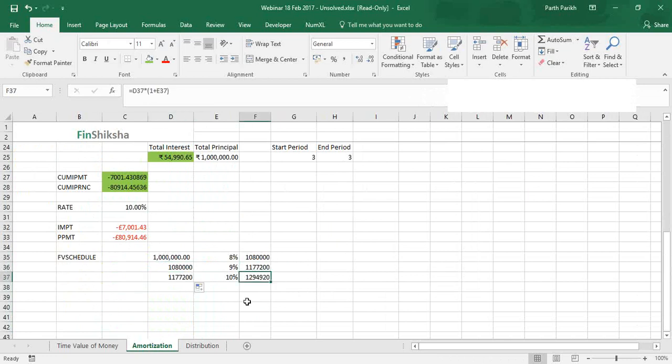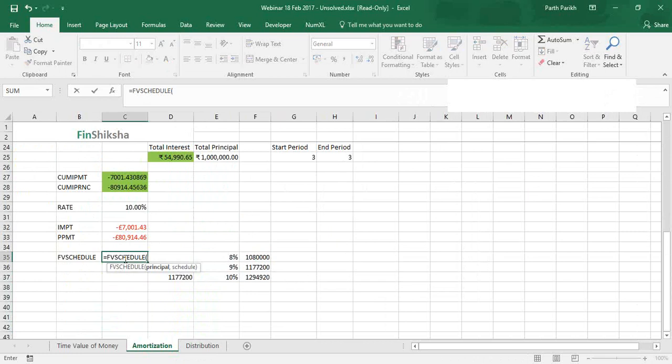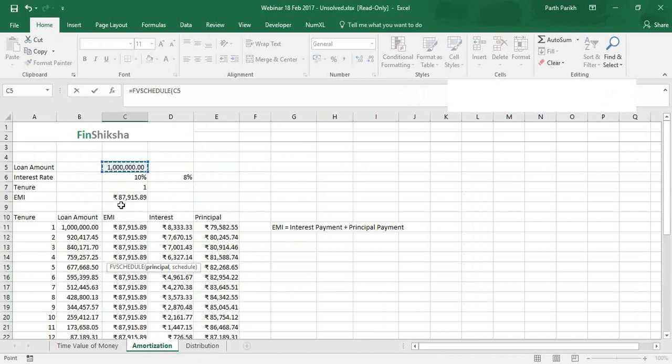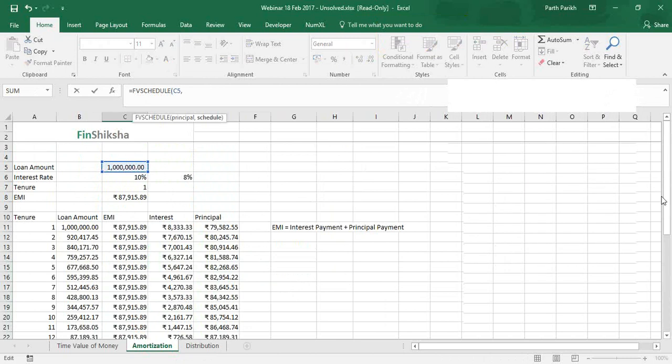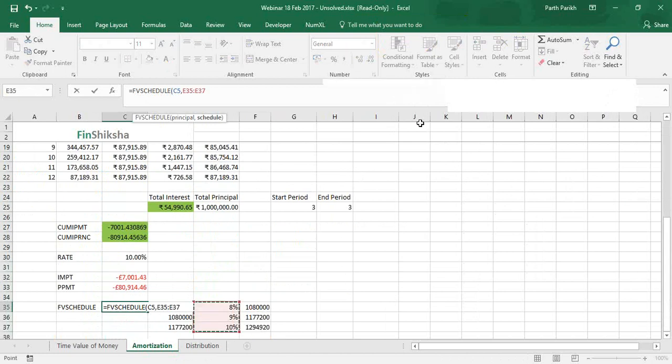So my output is 1.294920 amount. Instead of that, we have FV schedule. I will write FV schedule. My principal is 10 lakhs, and I'll simply drag this, my interest rates, which are 8, 9, and 10.